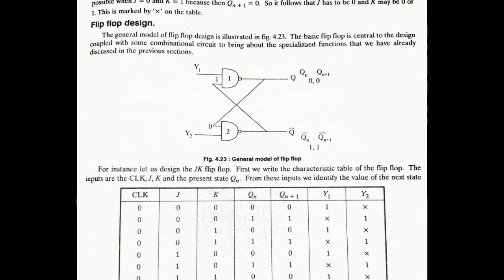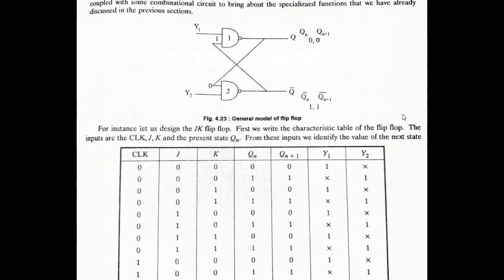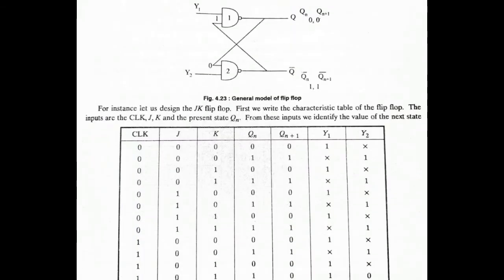For instance, let us design a JK flip-flop. First, we write the characteristic table of the flip-flop. The inputs are clock, J, K, and the present state Qn. From these inputs, we identify the value of the next state.